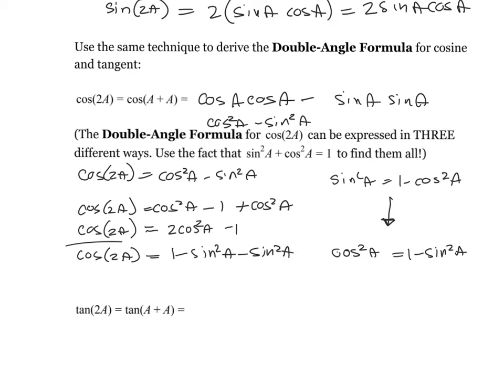I am taking this and substituting it for this. So this shows up here, and then this just comes down from above. So we're starting with this as a basis and making a substitution for the cosine squared of a, and we get something that's entirely involving sines. And that's kind of nice. So the punchline.